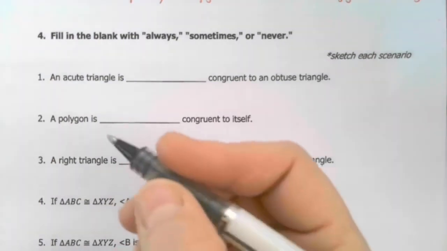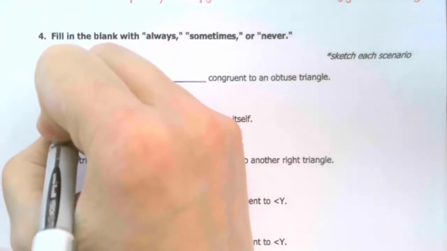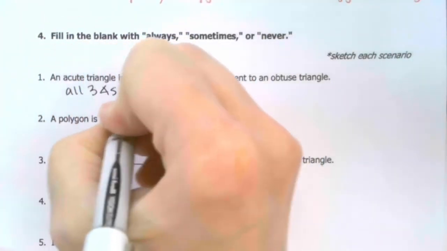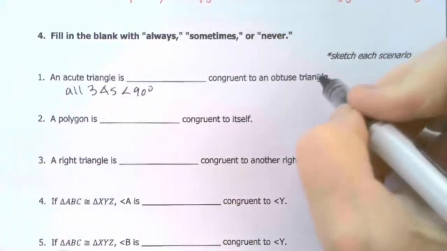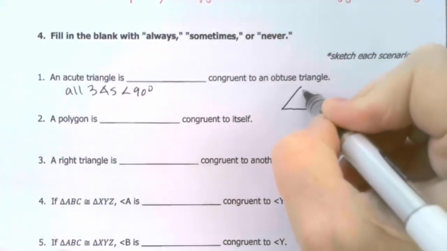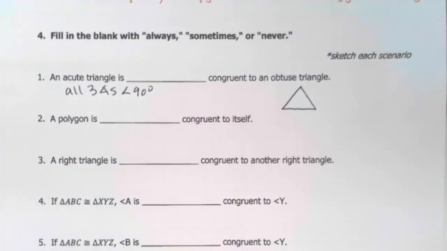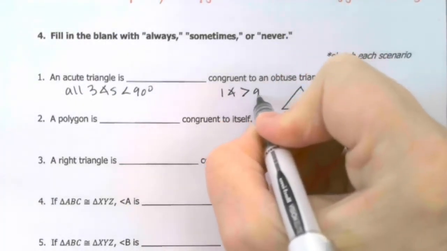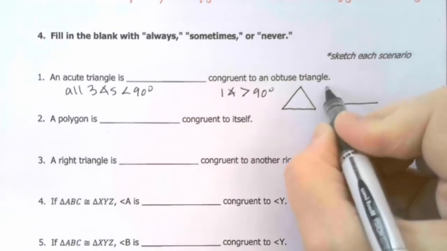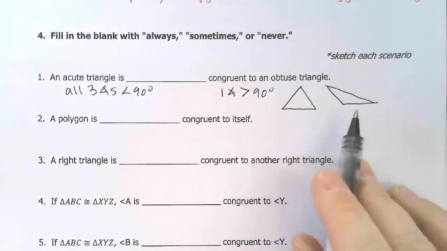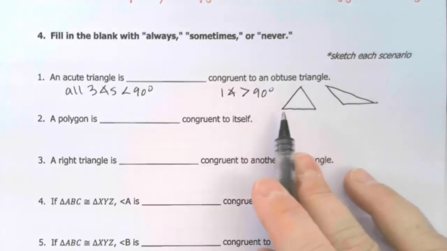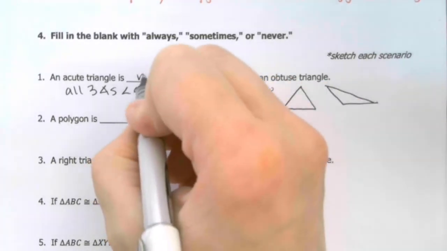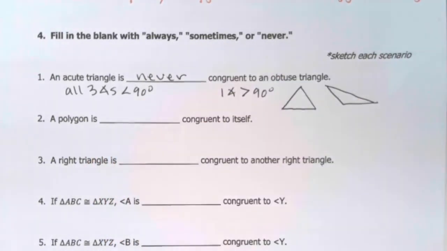Okay, so an acute triangle means that all 3 angles are less than 90 degrees. So something like that. An obtuse triangle, the definition is one angle is greater than 90 degrees. So if one angle is greater than 90, and these are all 3 less than 90, those can never be the same. So they are never congruent.